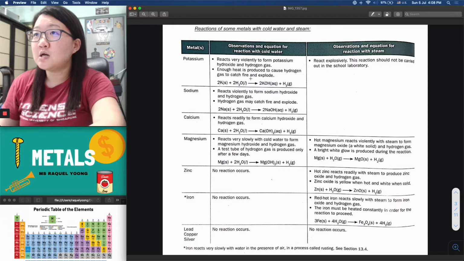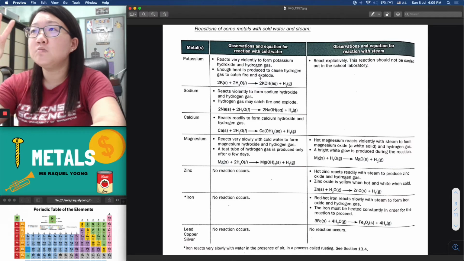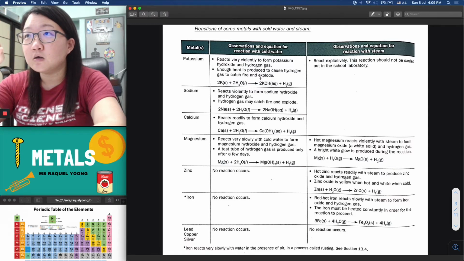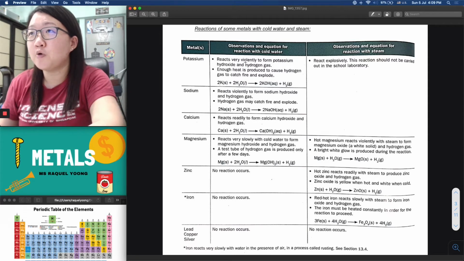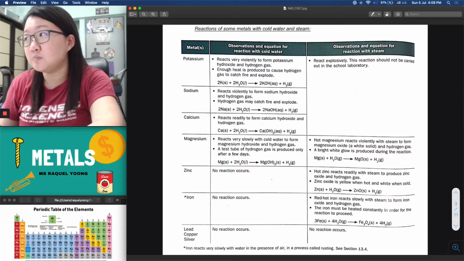So as a result, that's the main reason why in the experiment that we saw in the previous video, when potassium is placed in the water, immediately there's a flame, it catches fire. Because one of the products, which is hydrogen gas, is being ignited by a lot of heat that's being produced.